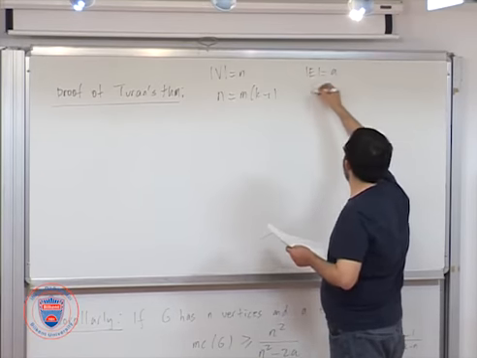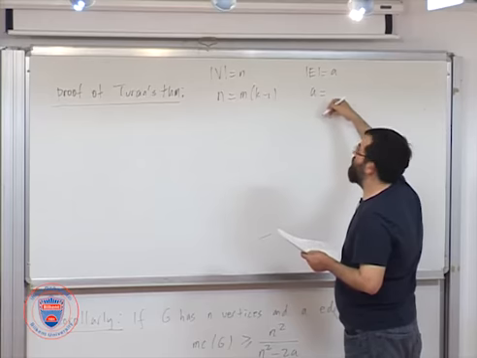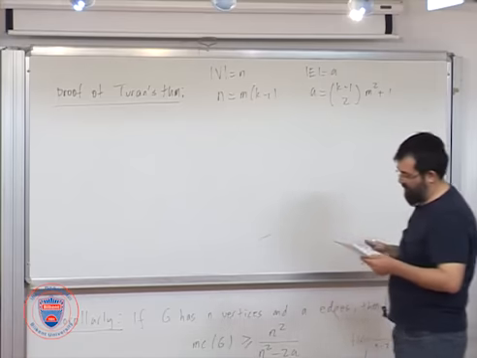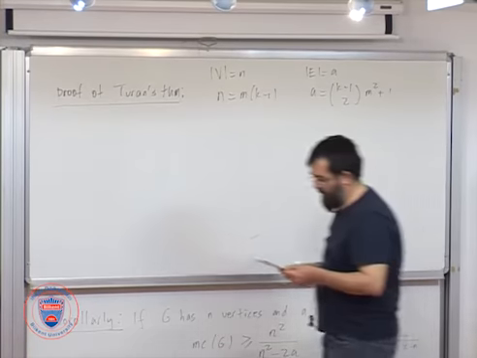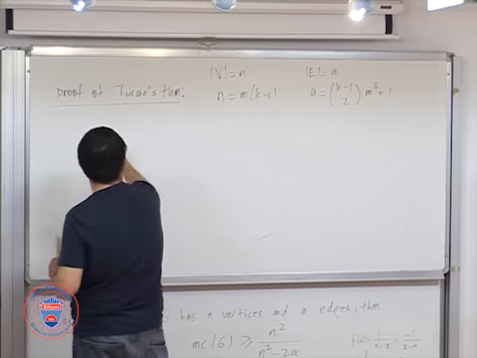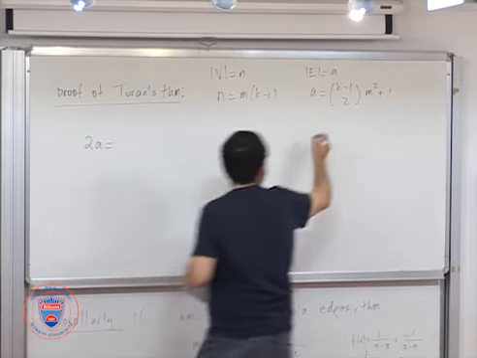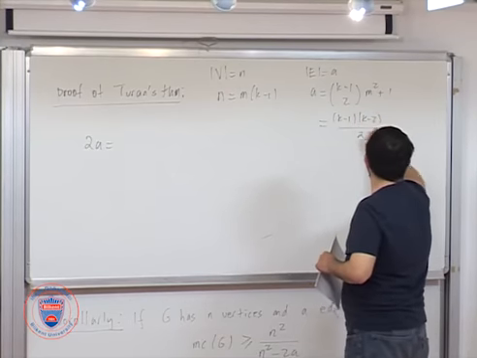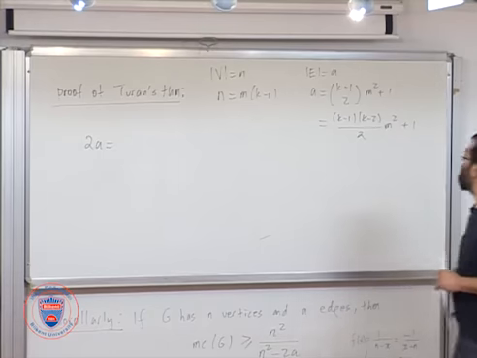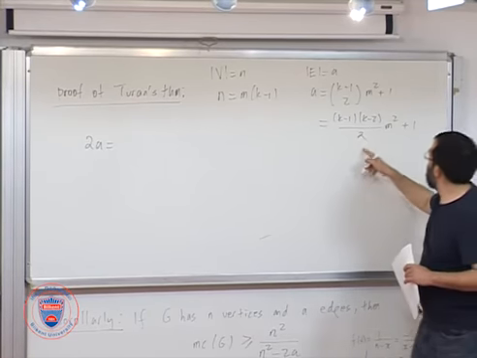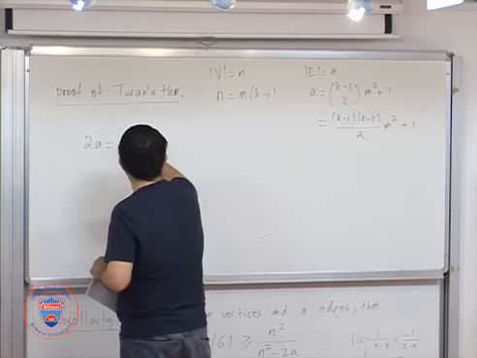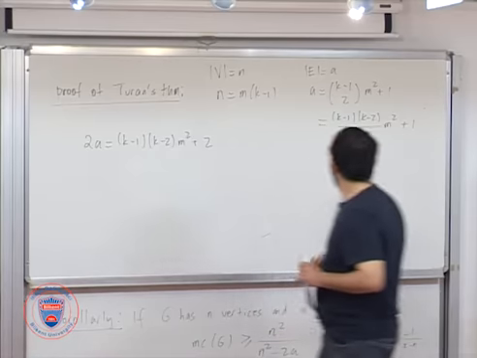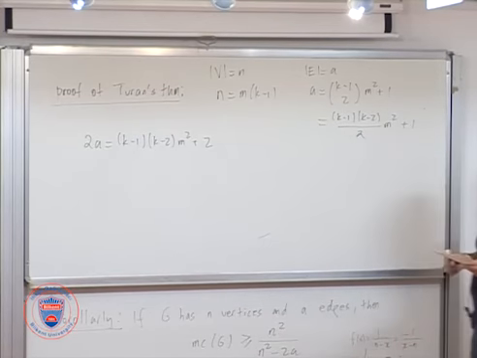We used the letter a before, so let's use a again. The number of edges is k minus 1 choose 2, times m squared plus 1. So what's 2a? This number is k minus 1, k minus 2 divided by 2, times m squared plus 1. So 2a will become k minus 1, k minus 2, times m squared plus 2. You just multiply everything by 2.